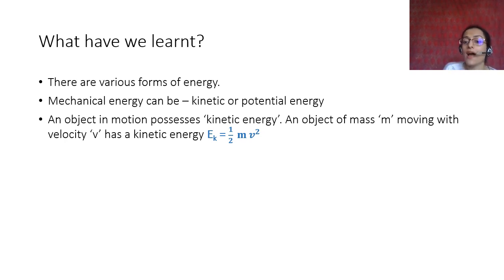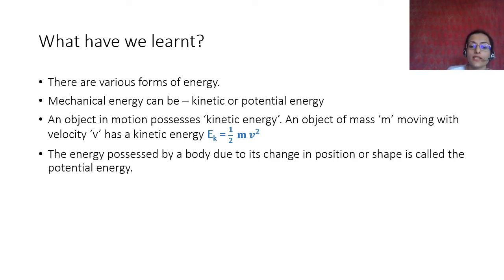An object of mass m moving with velocity v has kinetic energy half mv square. The change in kinetic energy is the work done, right? What is the kinetic energy of an object at rest? Zero, because velocity is zero.